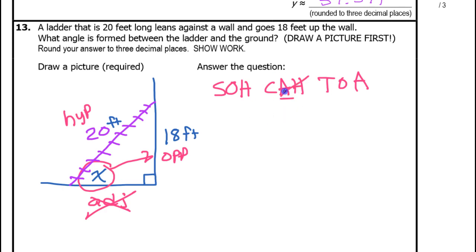Cosine involves adjacent, so we're going to throw that out. Tangent involves adjacent, so we're going to throw that out. So we'll be using the sine function. Sine is opposite over hypotenuse, so we will say the sine of the angle is equal to opposite over hypotenuse, so 18 over 20.